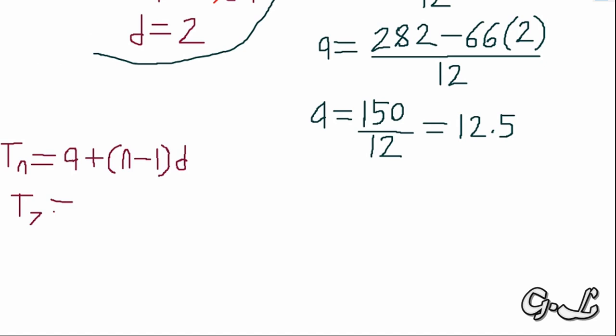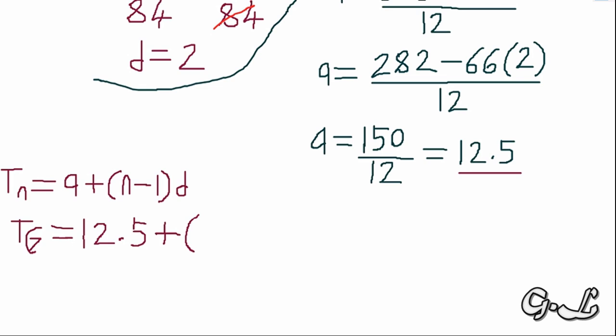So the seventh term is equal to our A, which is 12.5, plus, what is our N? Our N is the term that you are given. It can be any term as long as they have stated it. In such a case, the question stated the seventh term, so the N is representing the 7.